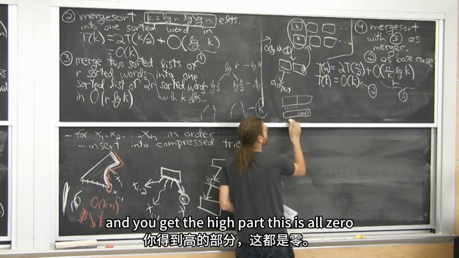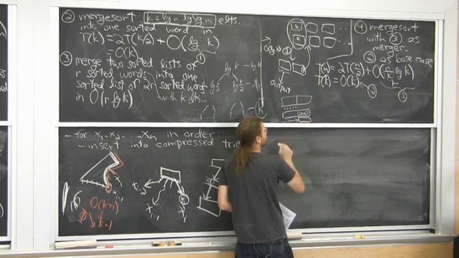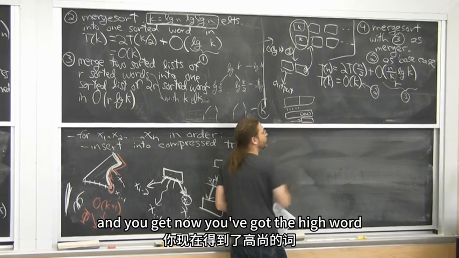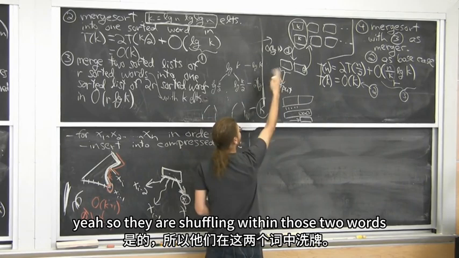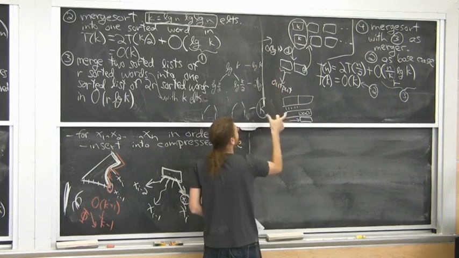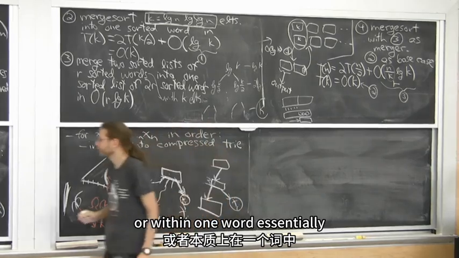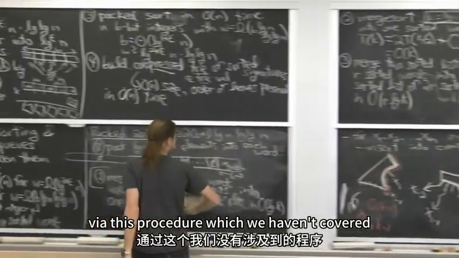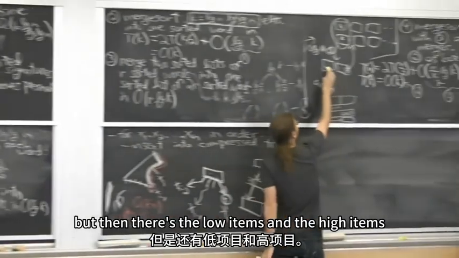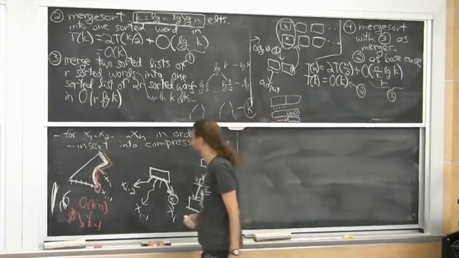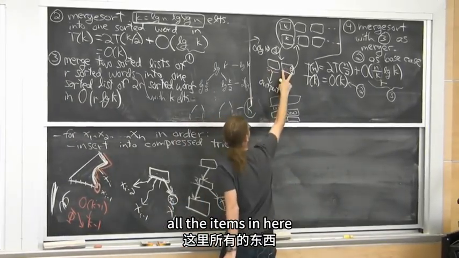This is all 0. Then you shift it over to the left, and now you've got the high word over as a single word. So they are shuffling within those 2 words, or within one word, essentially, via this procedure, which we haven't covered. So everything's going to mix around, but then there's the low items and the high items. And so all the items in here are less than all the items in here.